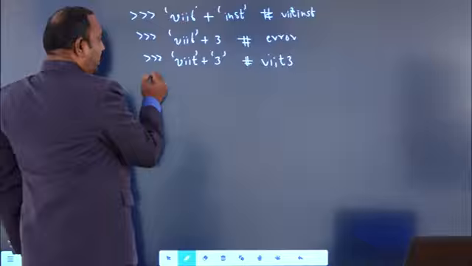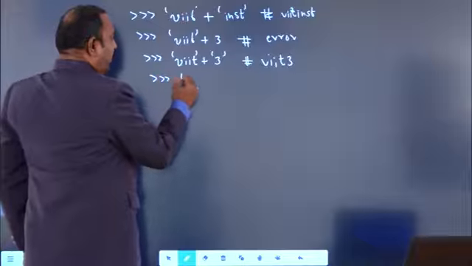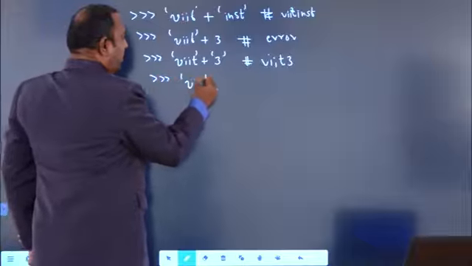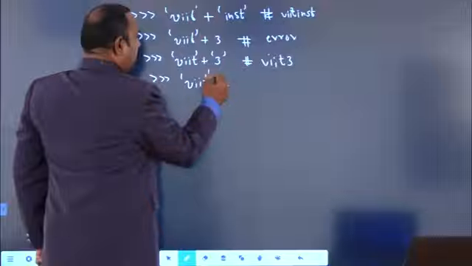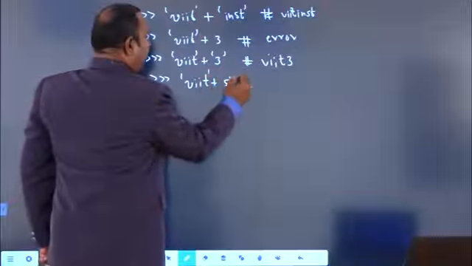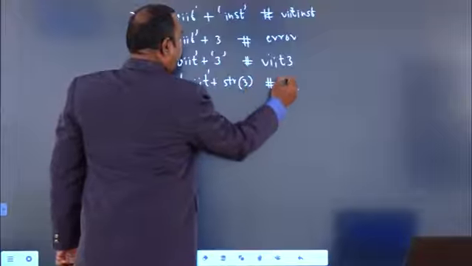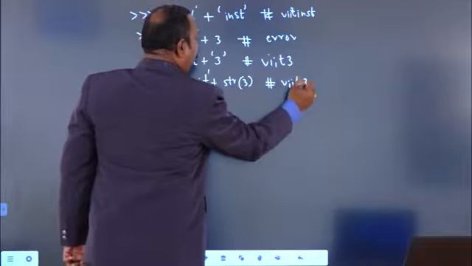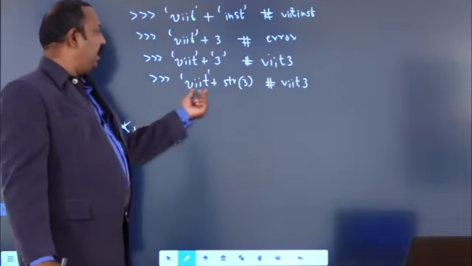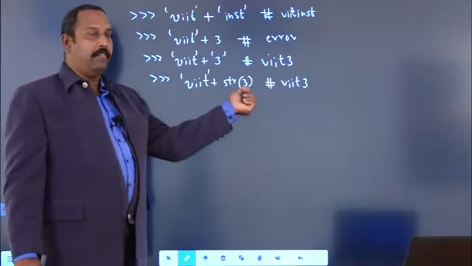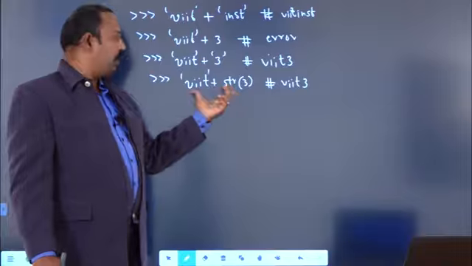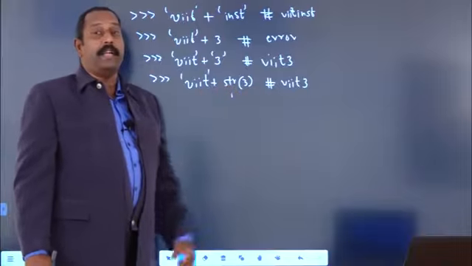You can also write like this. For example, I have written VIIT plus STR of 3. What is the output you will get? VIIT 3. So here the integer 3 is converted into a string. Both are string data types, that's why you get the output VIIT 3.